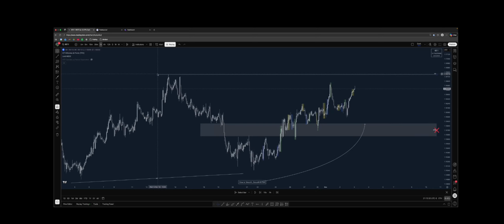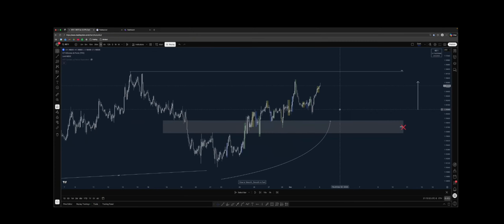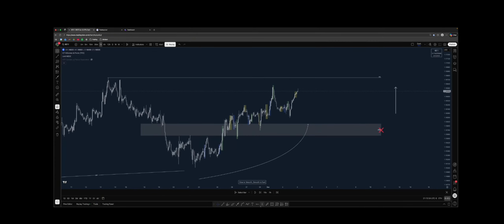So from the daily, jump down to the hourly. Daily bias is bullish. The 1 hour confirmations we're looking for is either a 1 hour bullish CSD or 1 hour bullish SMT, right?